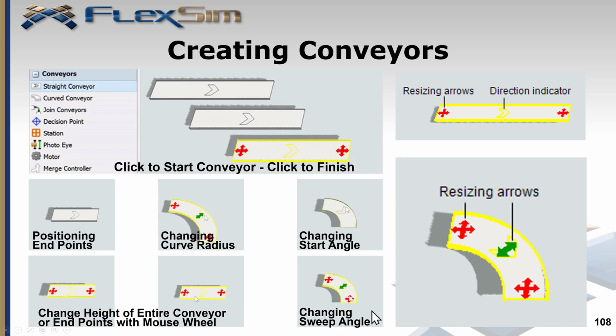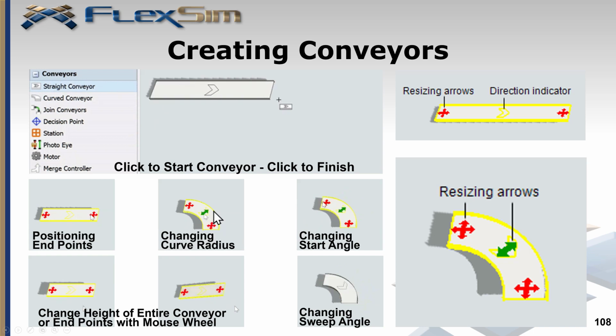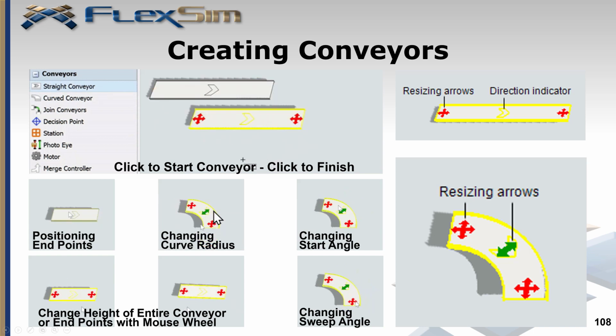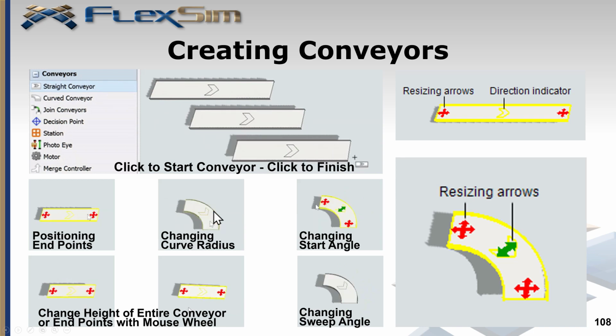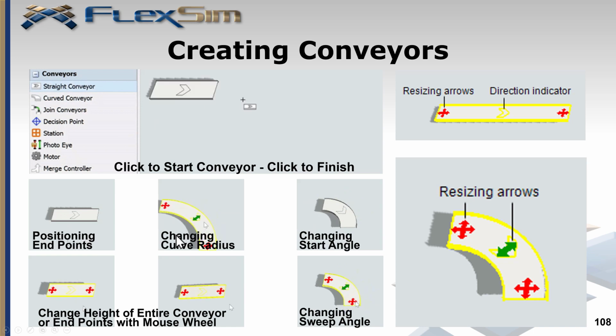And then in the middle of a curved conveyor, you'll see a little green double arrow. If you click on that and hold down and drag, it'll change the curve radius of that section of curved conveyor.